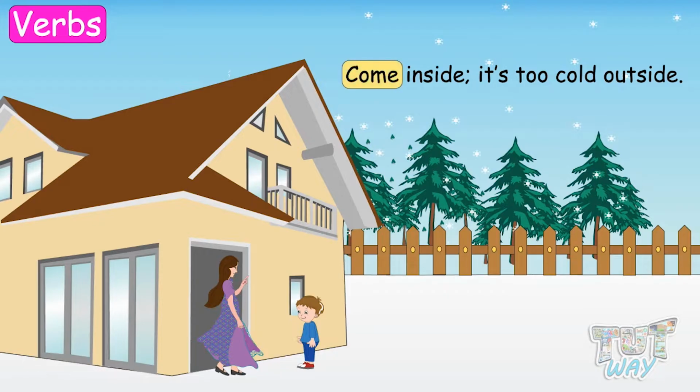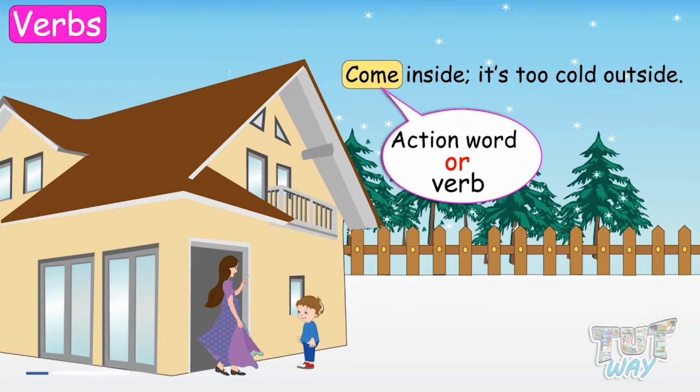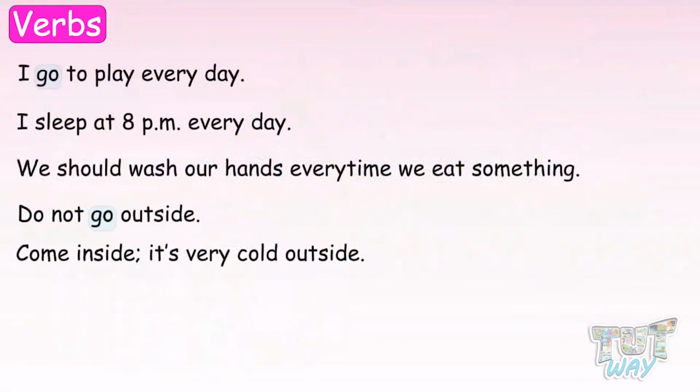It is come. So come is the action word or the verb in the sentence. So go, play, sleep, wash, eat, go, and come are action words or verbs in the sentences we just read.